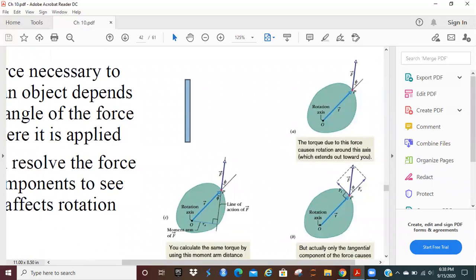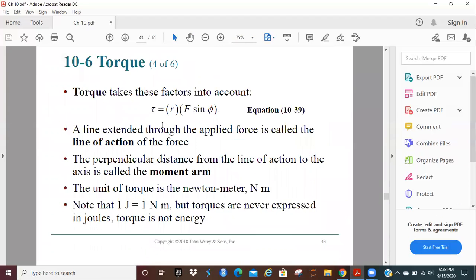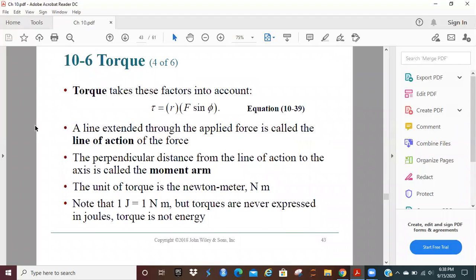You can see that here. You've got this, and you've got this. They make an angle with each other. So the sine of that is going to be taken into consideration as far as the application of torque.